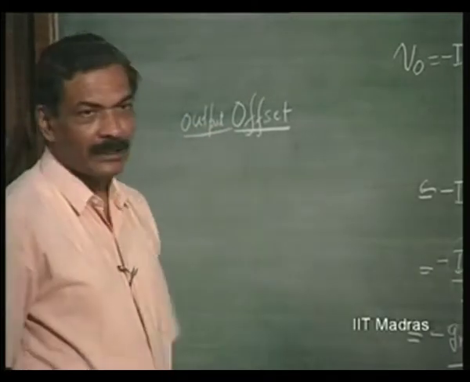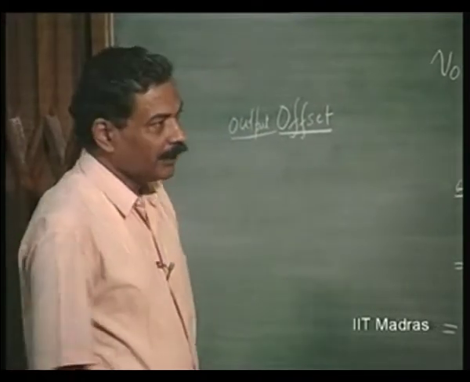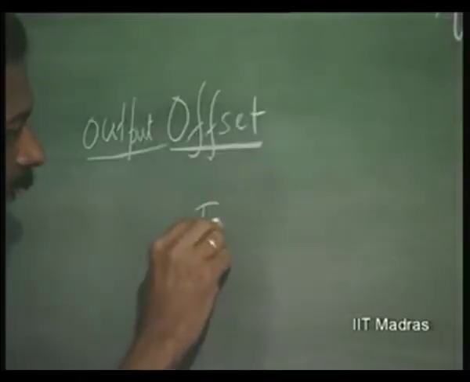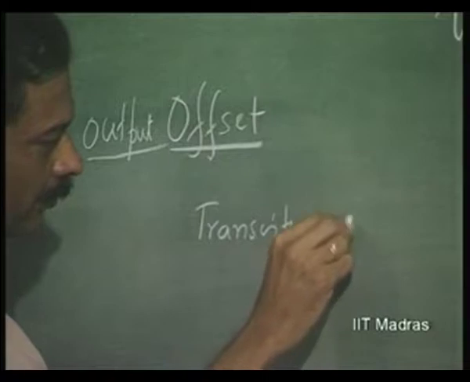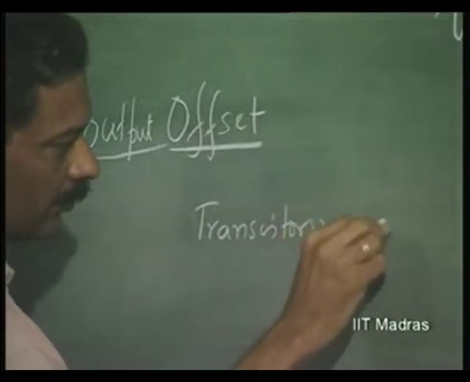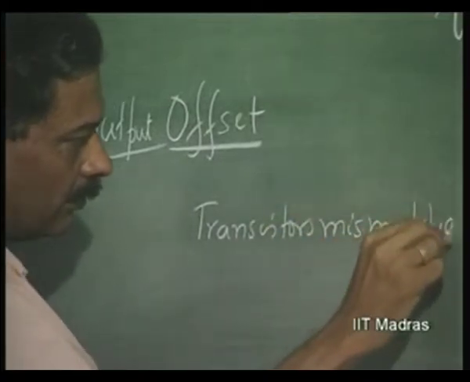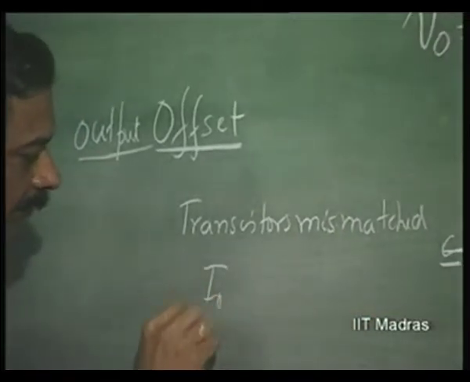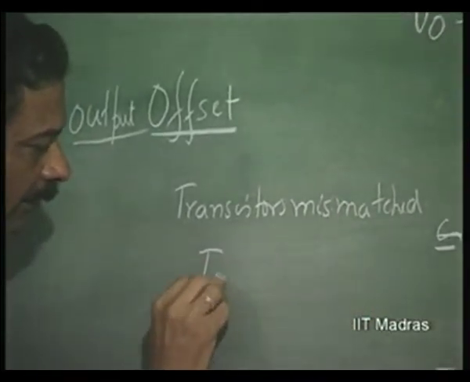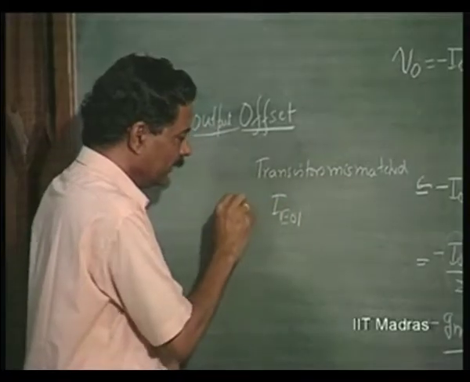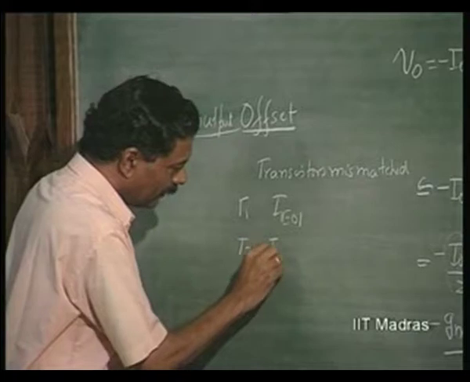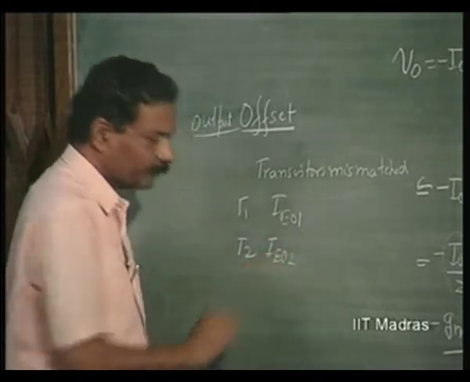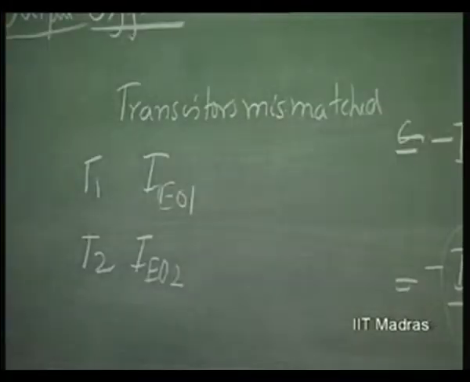Why does it happen that there is an offset? That is because the transistors may not be matched, that is IE naught. Transistor T1 is having IE naught 1 and transistor T2 is having IE naught 2 as its reverse saturation current.